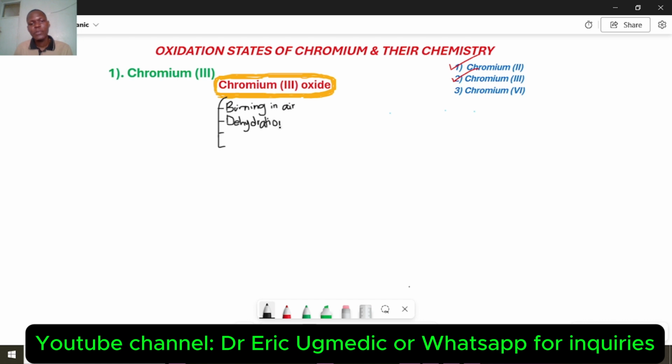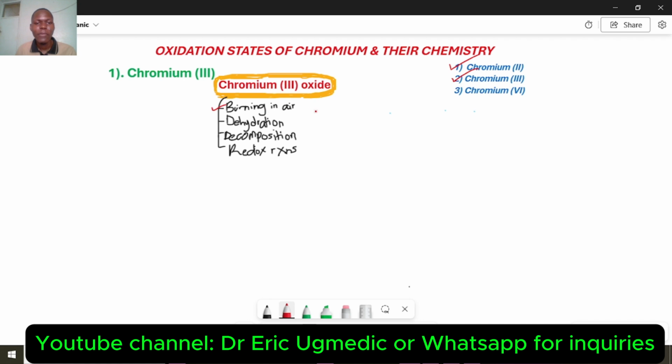Of course, what we are dehydrating should be containing water. And then we have decomposition, and specifically thermal decomposition. And then redox reactions. So I group them mainly into these 4.